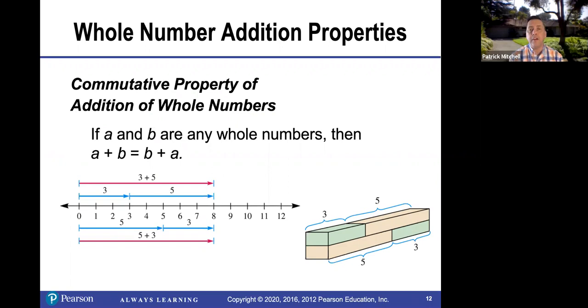If you're trying to learn all of your addition facts for numbers, let's say 0 through 9, this cuts your work roughly in half, right? Because if you already know 8 plus 3, then automatically you know 3 plus 8. So you can demonstrate this using a number line model, like you see here. 3 plus 5 gives you the same answer as 5 plus 3, or you can demonstrate it with these blocks.